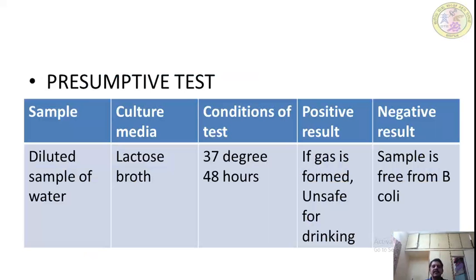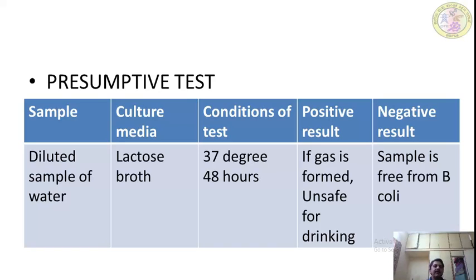So how is this done? In the presumptive test, what sample are we going to take? The sample whose bacterial analysis is to be done, that is, the diluted sample of water is taken. Here agar is used as the culture medium and lactose broth is added to the solution.